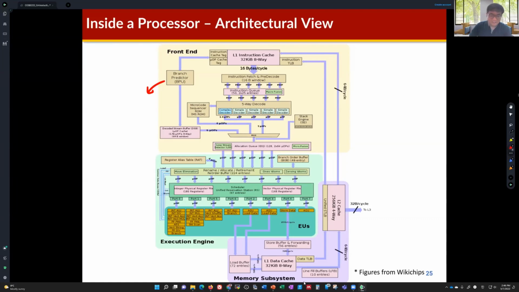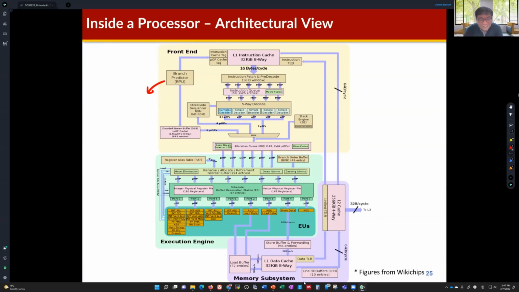I think this architecture is rather complex. We will not learn about the i7 architecture in this course. We will learn about a very simple pipeline processor architecture. So if you do not understand this figure, just ignore it.